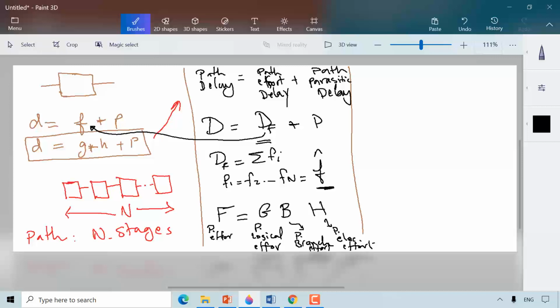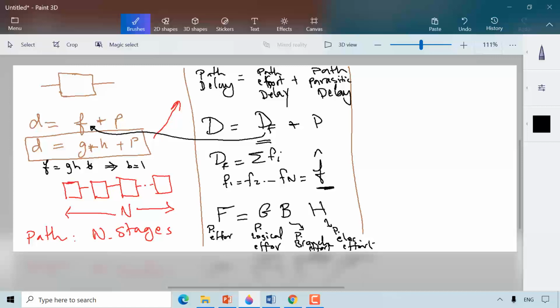You can see similarities in the definition. Since here we have defined F equals GH, and there was a B here, by the way, but we always assume B equals 1, which is the branching for one stage.